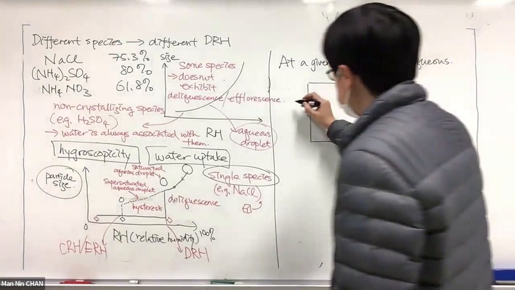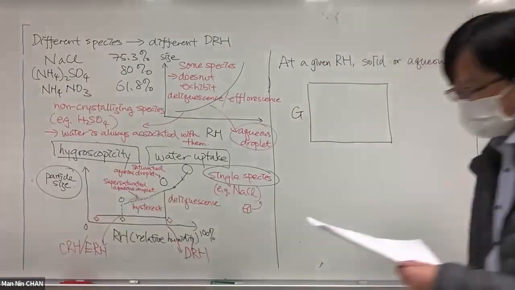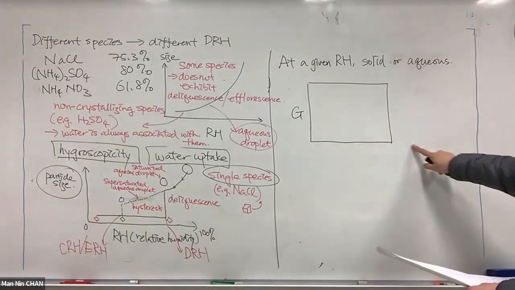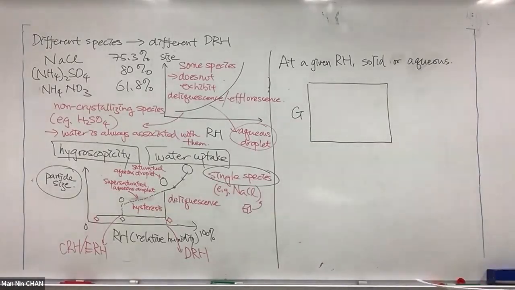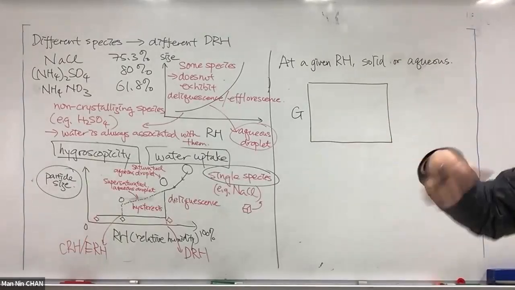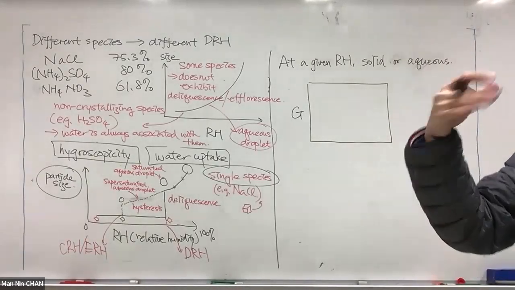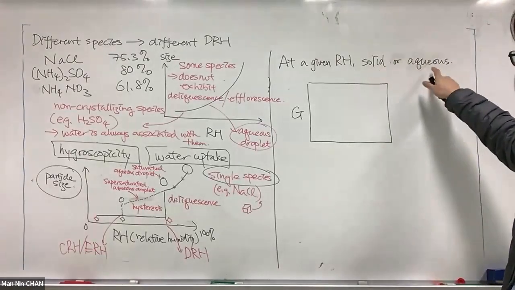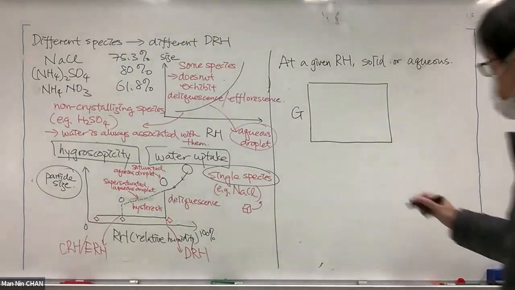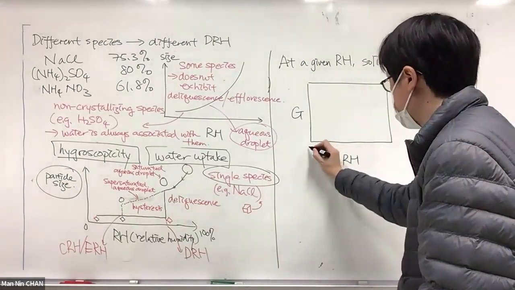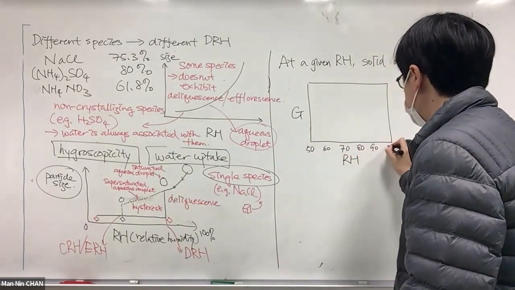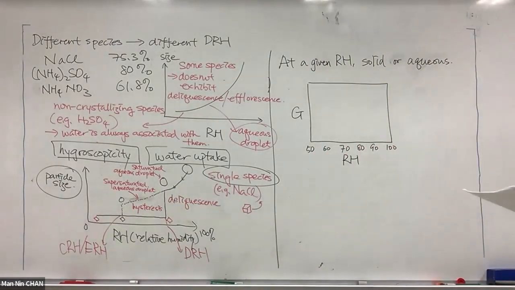The y-axis is the Gibbs energy of your system, and the x-axis is your relative humidity, because I want to look at, at a given RH, whether your system is a solid particle or an aqueous droplet. So you can look at different relative humidity: say 50, 60, 70, 80, 90, close to 100.